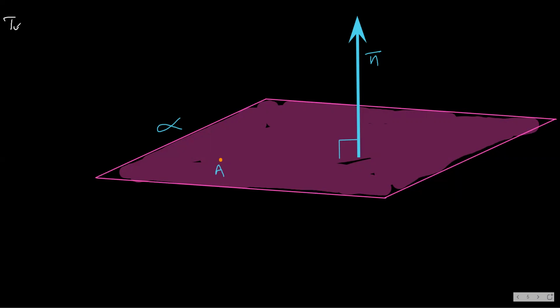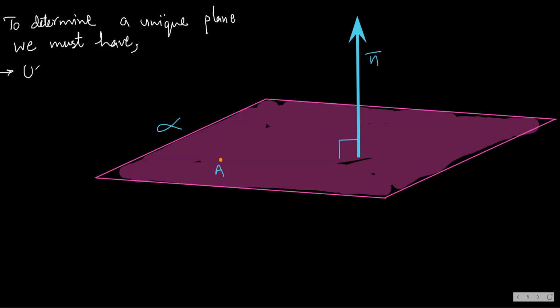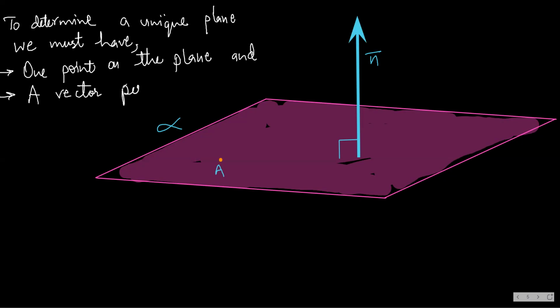See, to determine a unique plane, we must have one point on the plane and a vector perpendicular to the plane.